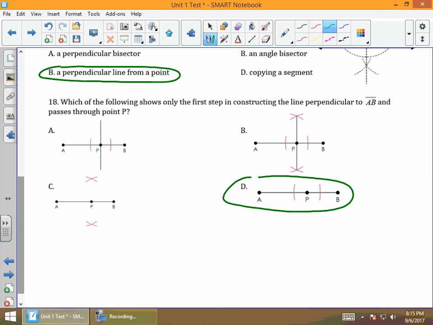The second thing that I would do once I found those two, then make sure that you put your compass on one of those 2 endpoints that you find. Make sure you go at least halfway past P, and then start your arcs and see where they cross. It would look kind of like B, and then you would go ahead and connect those 2 to create that perpendicular. But the first step would be choice D.